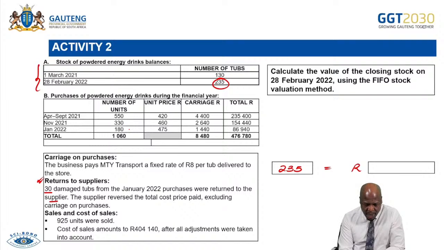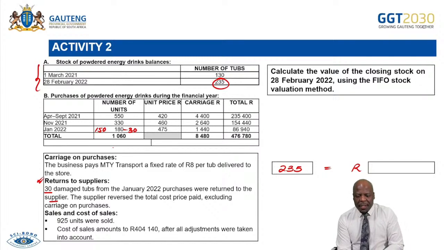In January. How many units do I have in January? I have 180. But if I have 180, how many were returned? 30. So do I still have 180? No. So I'll say 180 minus 30. How many do I have left after I returned? 150. So I have 150 left.